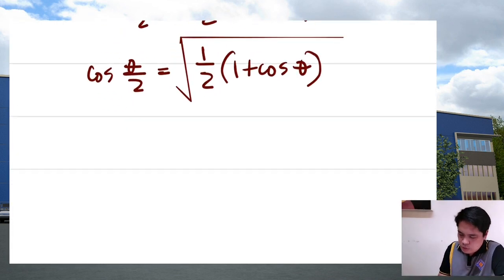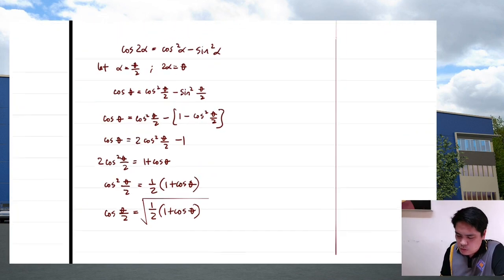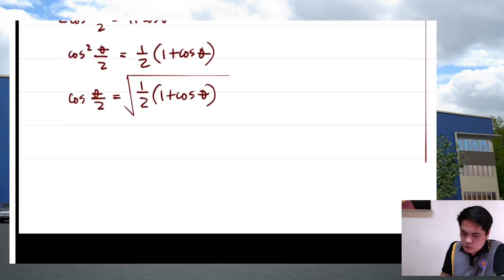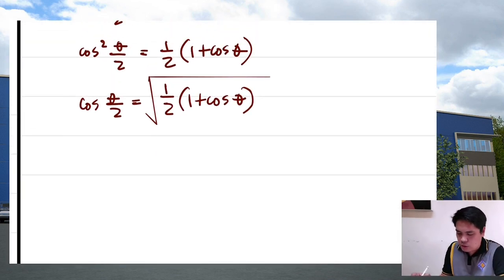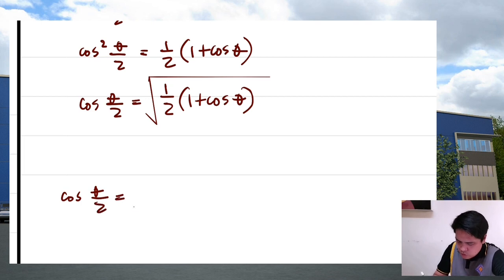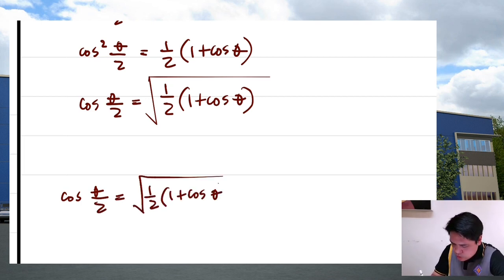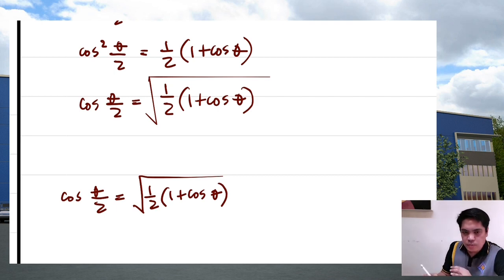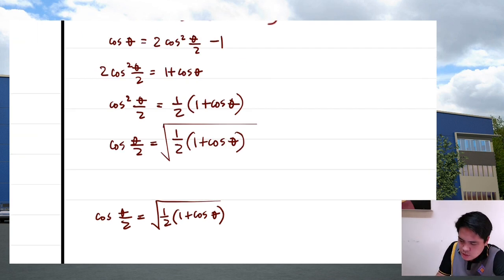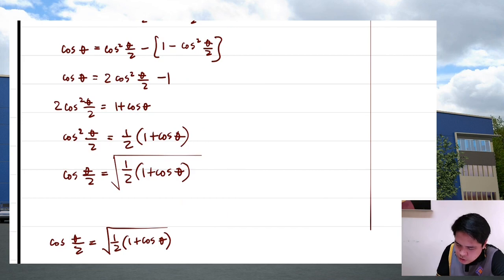Now, the same method yung pag-derive sa cosine. Sa sine pala. Meron tayong cosine. So, isulat ko muna ha. For cosine theta over 2, that's square root of 1/2 of 1 plus cosine theta. Sa sine, pwedeng kayo na lang yung mag-derive, the same process, but sa sine, ito yung i-change nyo.